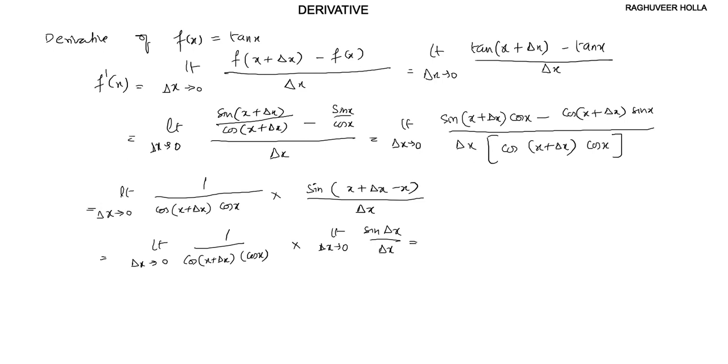This is limit delta x tends to 0, sine delta x by delta x, which is 1, okay, and this will be 1 by cos square x when you substitute delta x as 0, cos square x, and this is 1, which is secant square x, or that is d by dx of tan x is secant square x.